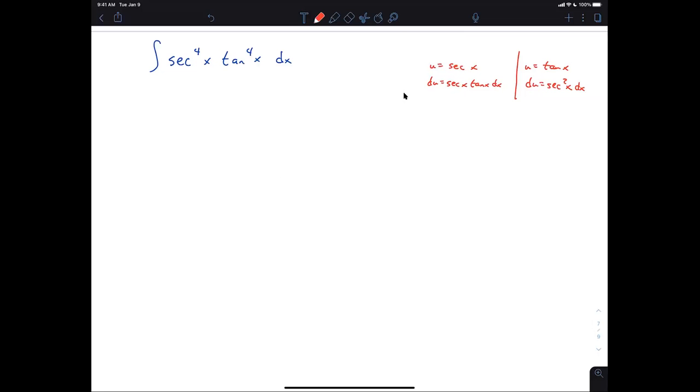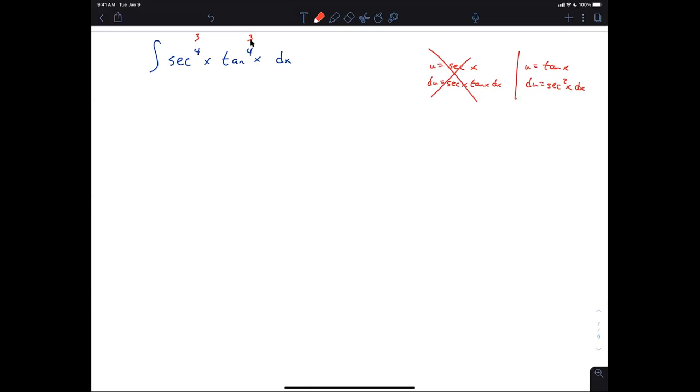So like, if I separate out secant tangent, I'm going to be left with 3 secants and 3 tangents. Because u is secant, we don't care what power is on secant at that stage, but we do care what power is on tangent, because we've got to rewrite that one. So tangent being to the third means that this is not a good approach, because if you rewrite it, you're going to get a fractional power. Does that make sense?